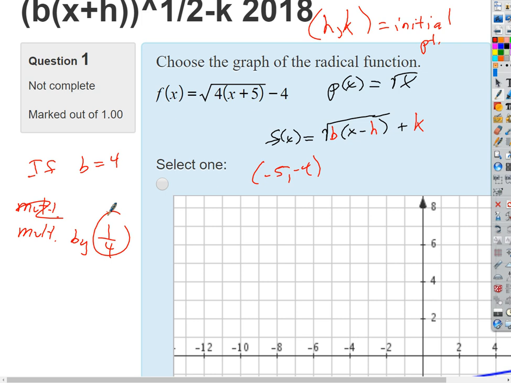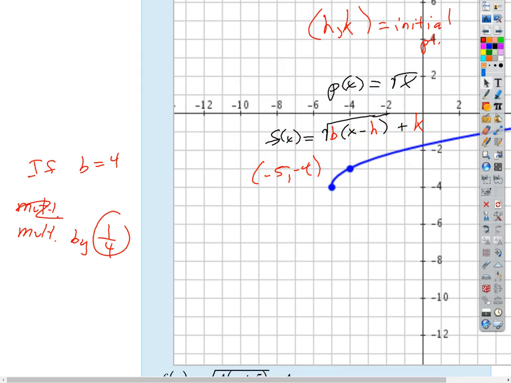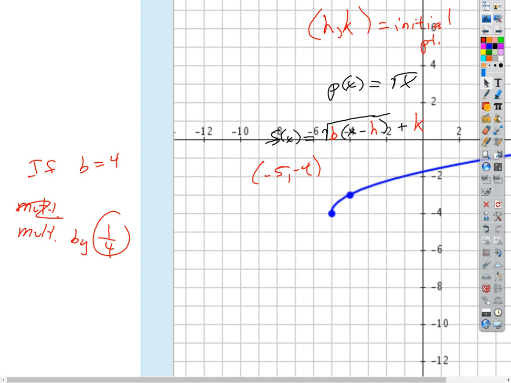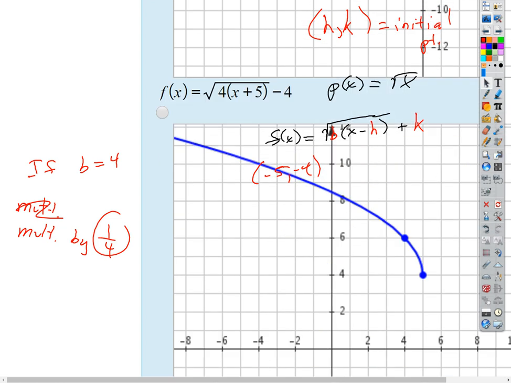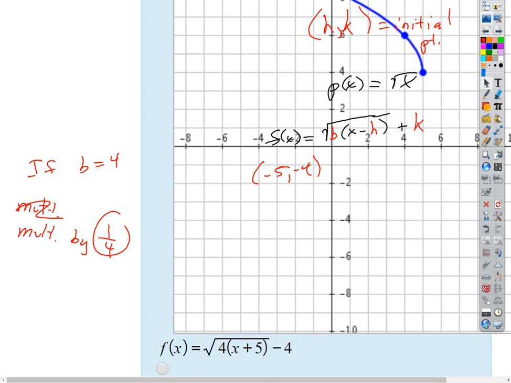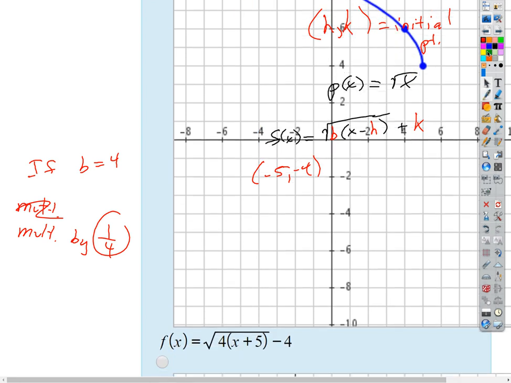This probably isn't the right answer, but we'll just use this graph at least. If we go to -5, -4, our vertex is going to be -5, -4 right there, okay?